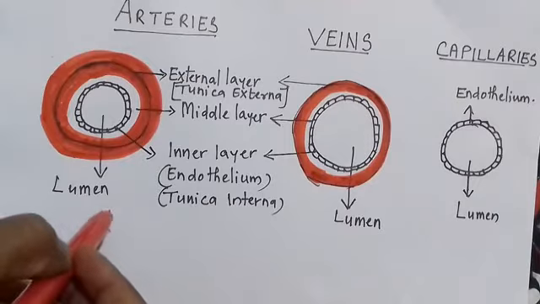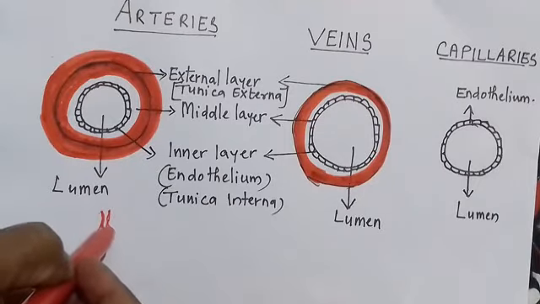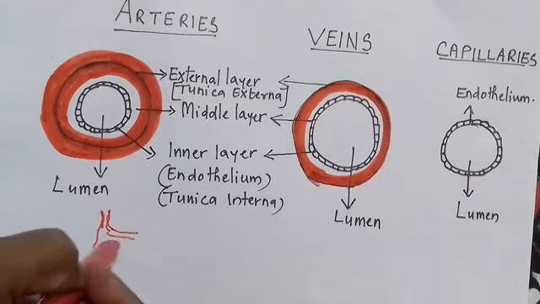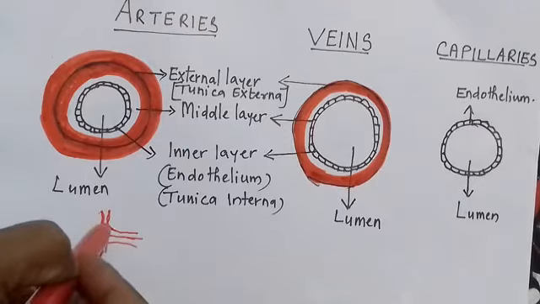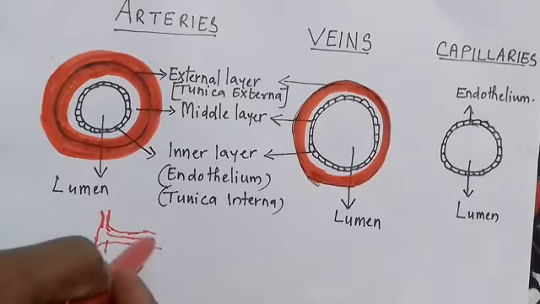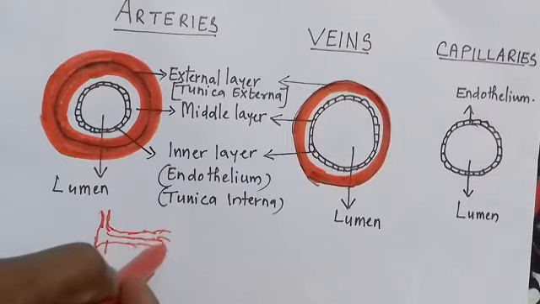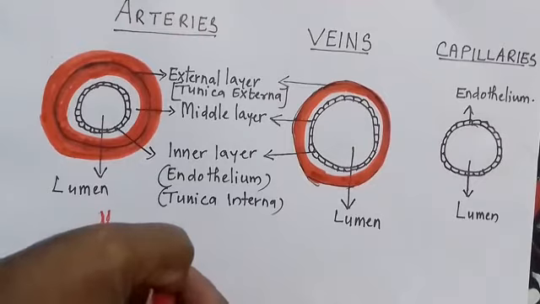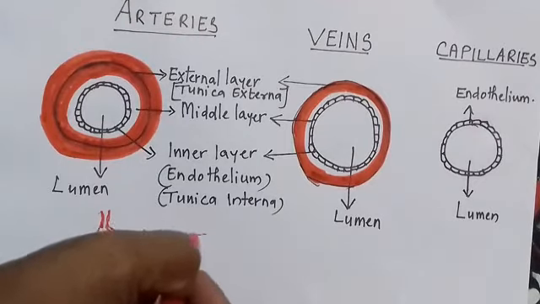Arteries progressively branch, and the branches of an artery are known as arterioles. The arterioles join with the capillaries.